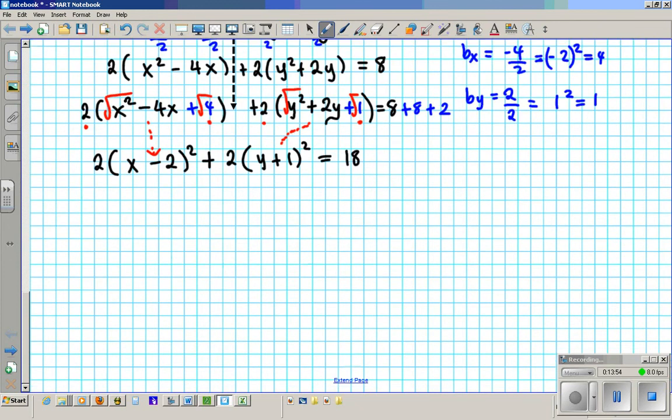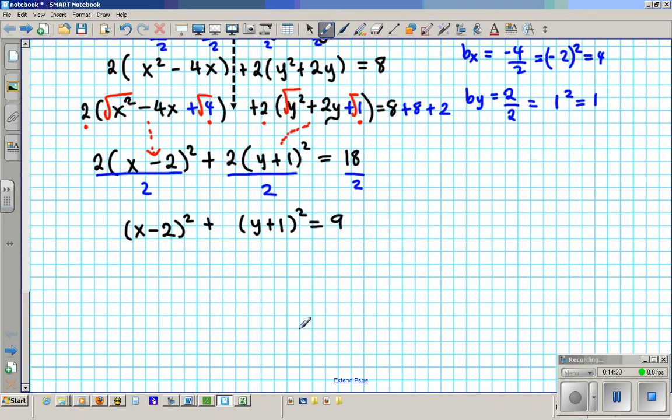So the standard form for an equation of a circle requires there to be no numbers in front of the parentheses. So we need to divide by 2. So divide this by 2, and divide that by 2, and divide that by 2. Your answer is going to become x minus 2 quantity squared plus y plus 1 quantity squared equals 9. Okay?